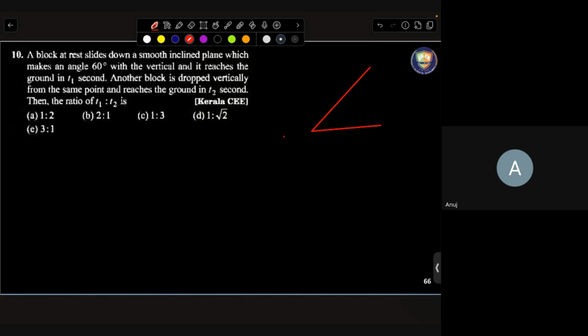So in this question, 60 degree is with the vertical. So this will be 30 degree, correct? And what you are getting? You are getting A. Yeah, A is the correct answer.